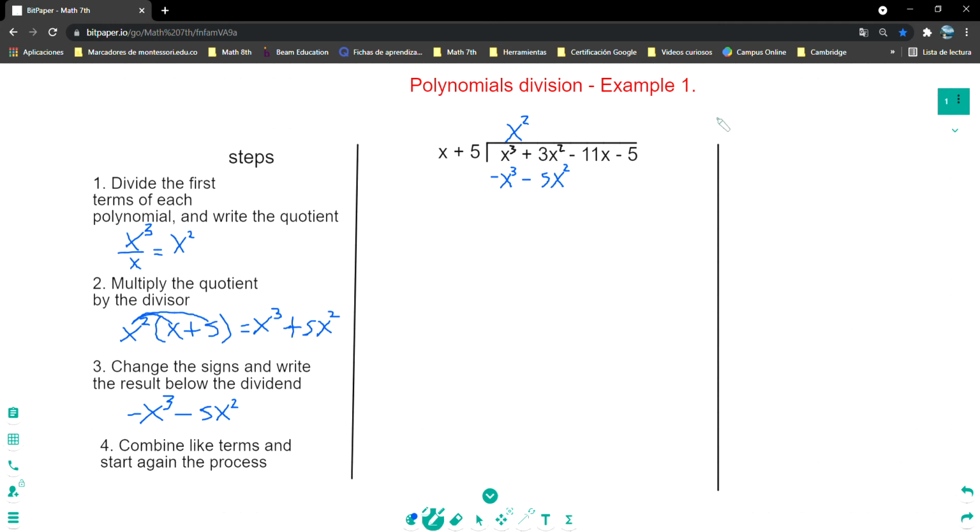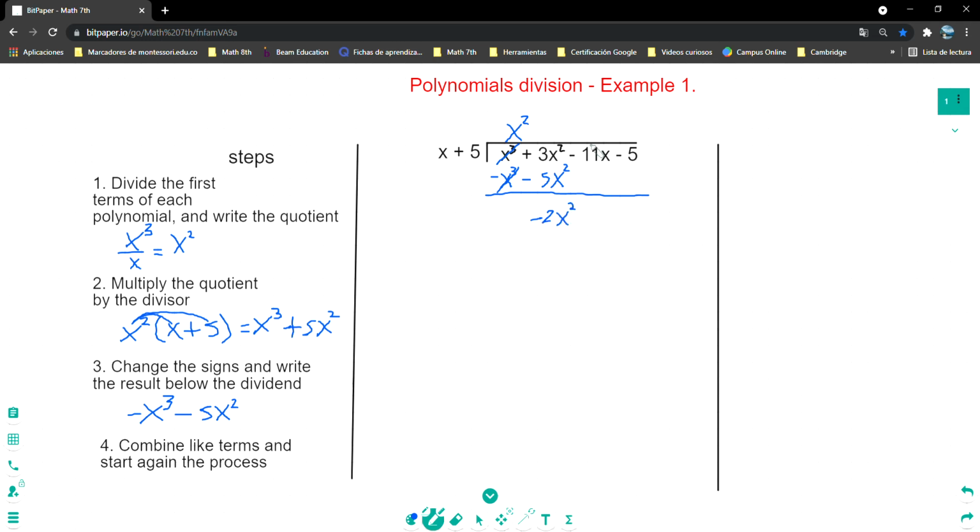So now we are going to write a line right here, and we are going to combine like terms. What are the like terms here? x cubed minus x cubed will be canceled, simplified. Here we have 0. Then continue with the second term, which is 3x squared minus 5x squared, and that will be minus 2x squared.